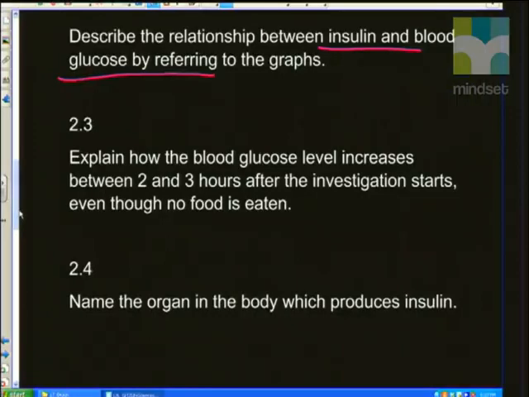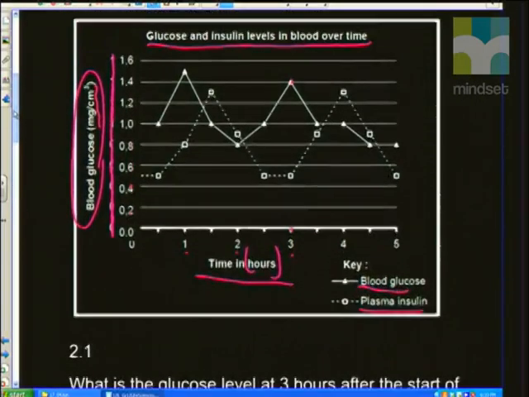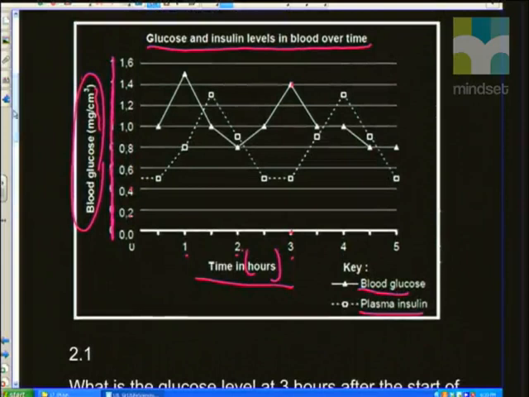Explain how the blood glucose level increases between 2 and 3 hours after the investigation starts, even though no food is eaten. Okay? Here's 2 to 3 hours. This area here, no food is eaten. How come the glucose level is increasing at this point, up to there? What could have happened?